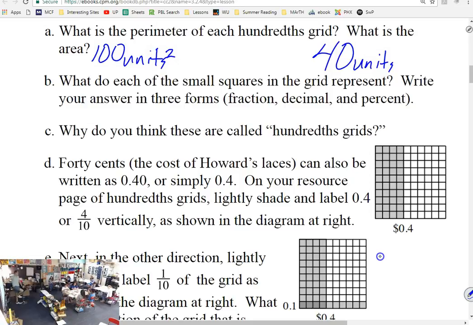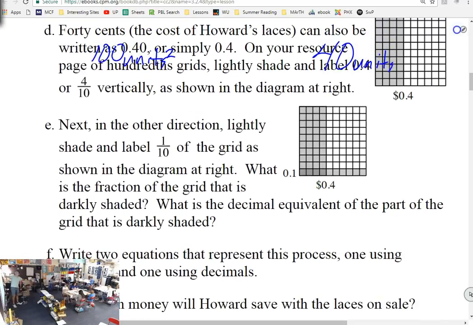But in this problem, what could we say each square represents for this specific question? A penny, right? 1 cent. So then D asked you to shade in 40 pennies, or the 40 cents. E then asked us to shade going the other direction.